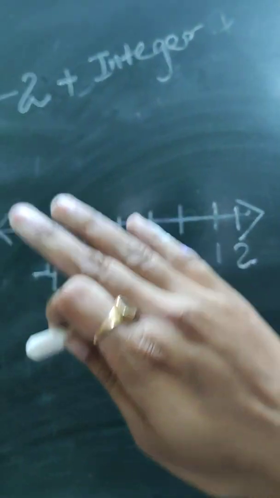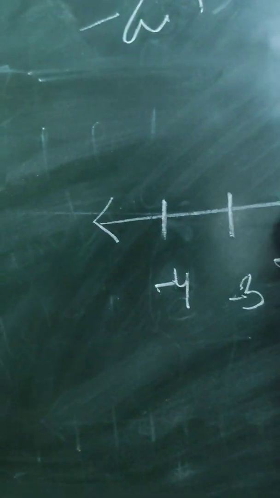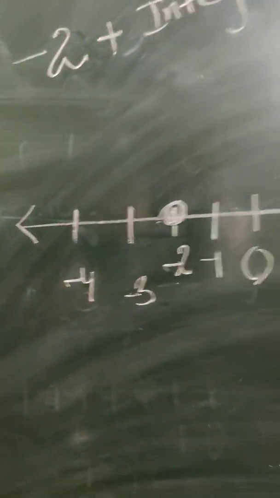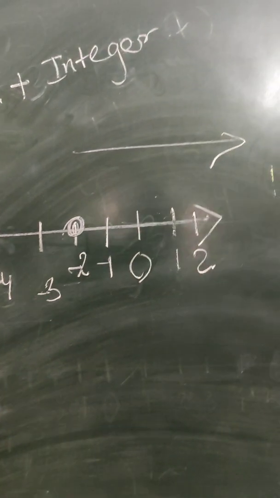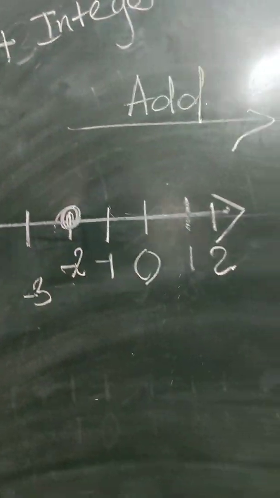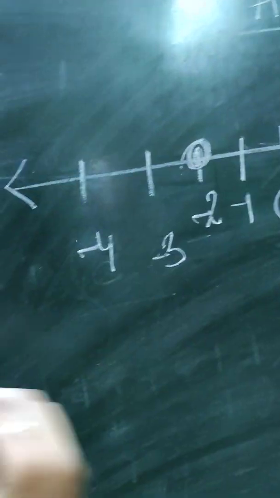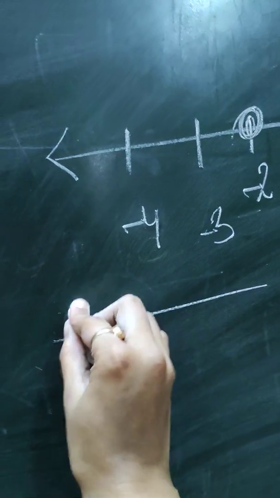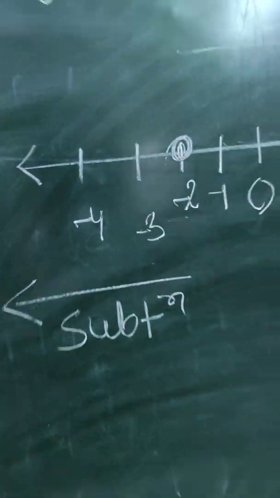Always remember, when you are adding an integer, I have plotted the point as minus 2 over here. If I have to add, I will always move to the right side. So if I move to the right side of the number line, I am doing the operation addition. If I am moving to the left side of the point that has been plotted, then it is subtraction.